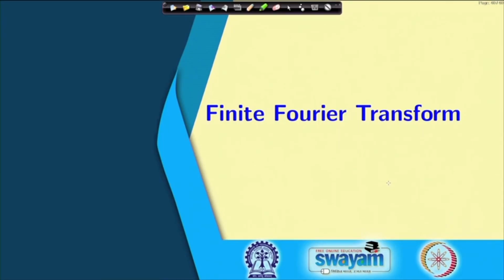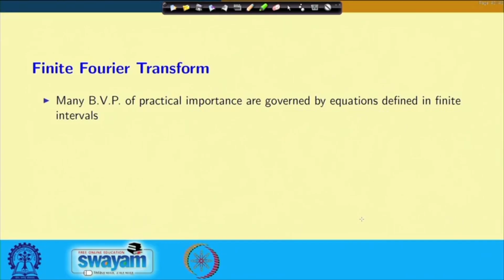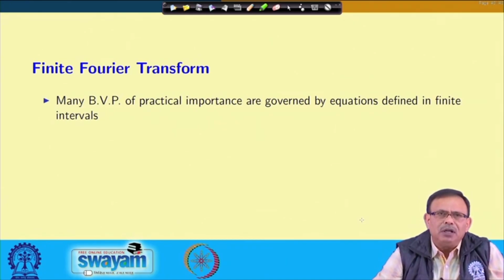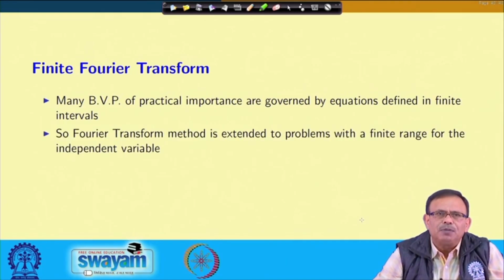For that, we will now study the finite Fourier transform. Many boundary value problems of practical importance are governed by equations defined in finite intervals, as I was mentioning. This is one of the main reasons for the finite Fourier transform.